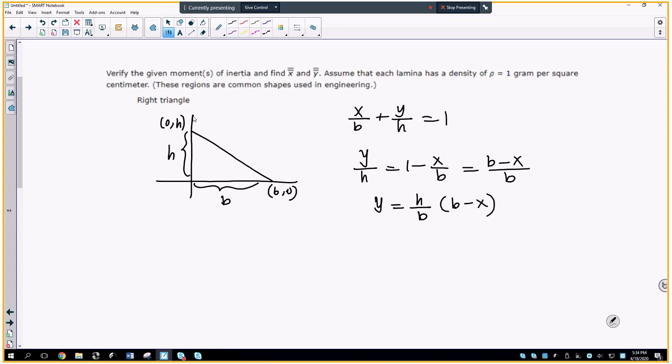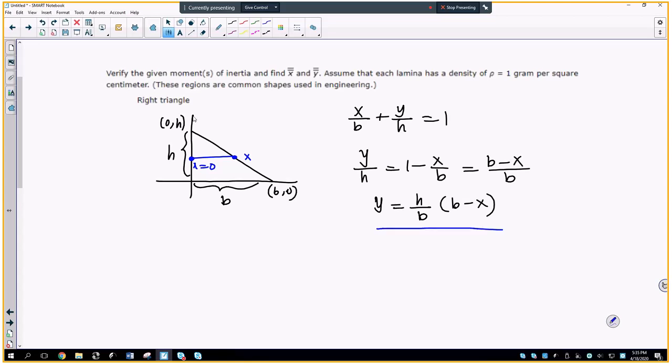Now you can ask yourself, what are the limits of the integration? I can integrate with respect to x first, from x equal to 0 to the x solution of this straight line.